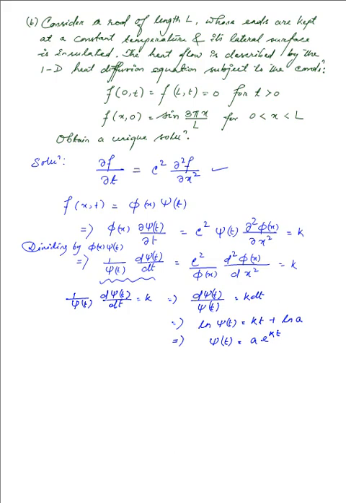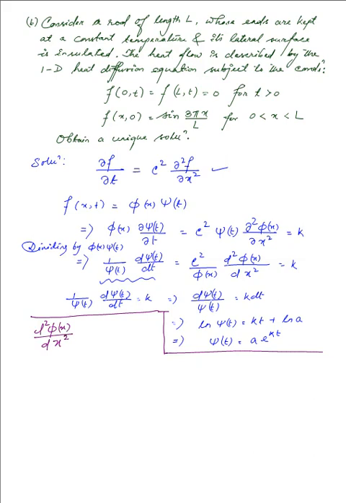We will be considering the phi x part for the rest of the case. As for phi x, this is a double derivative, so we are going to get it in the form d2 phi x over dx squared, and the phi x and c square term can be taken to the other side.